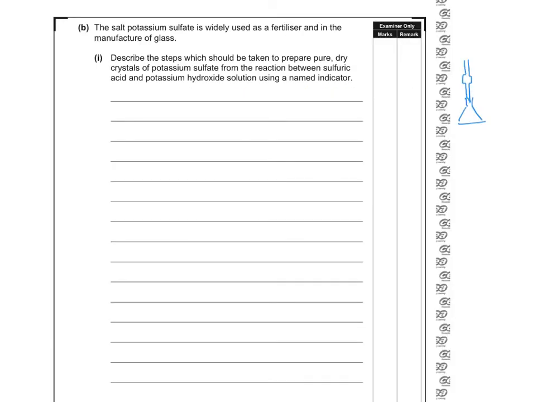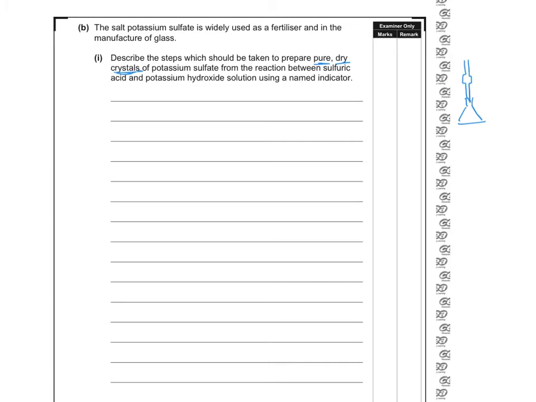Okay, to make pure dry crystals, we need a few details for this one to show how we can make potassium sulfate. Over on the right, now you may not have done it exactly like this, but this is one way.